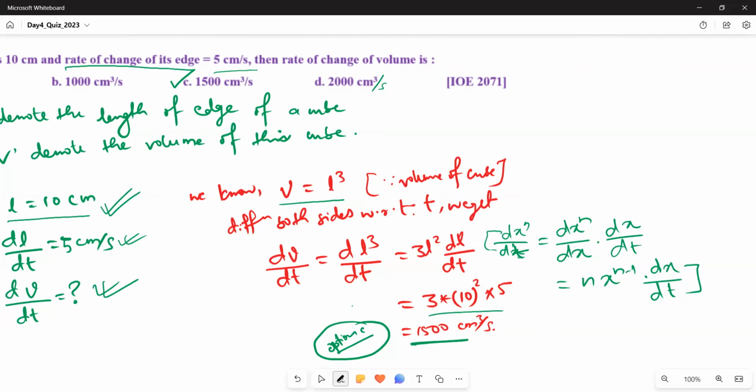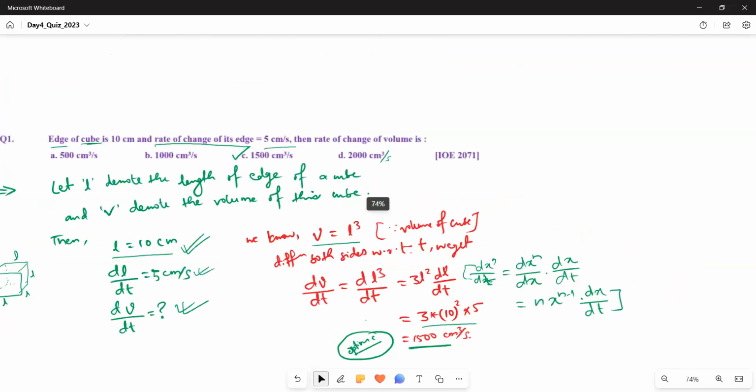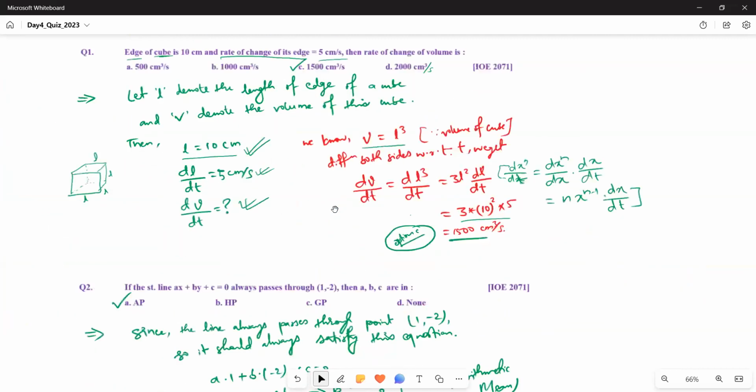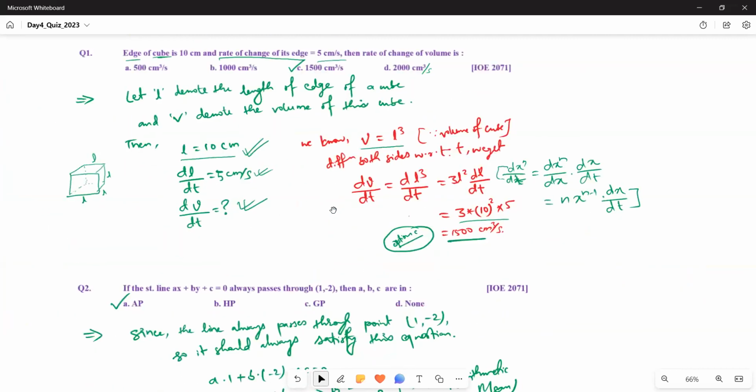So this is the usual thing we used to do in our normal theoretical exam, but in entrance exam you don't need to do all these detailed solutions. You can just do the main core thing, like this. When you do in entrance exam, what you do is you just note that your initial L is 10 cm, right?